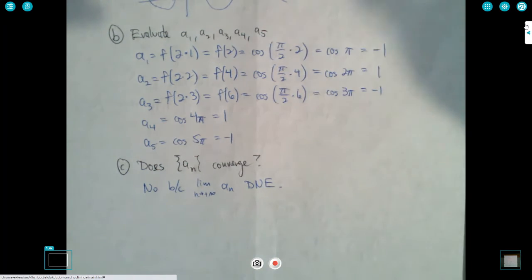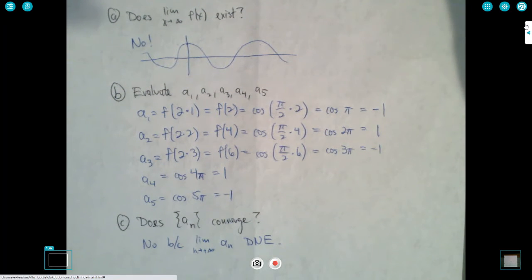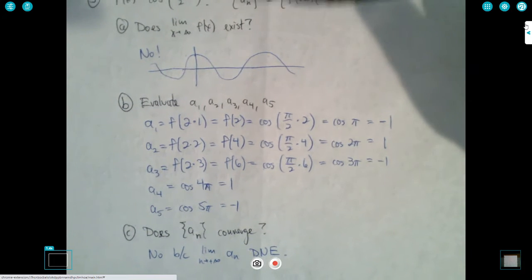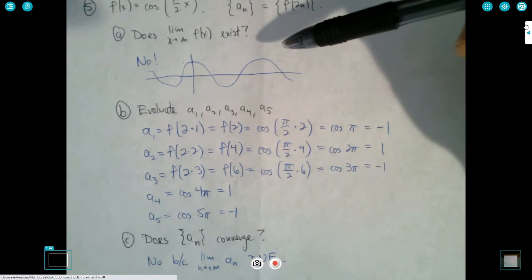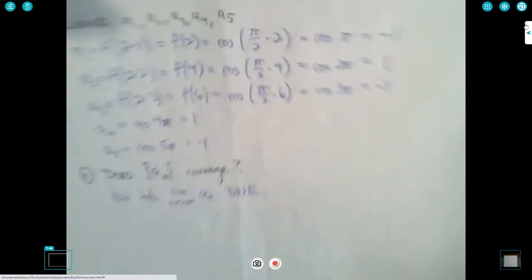This was not as interesting as I thought it was going to be when I first started the problem. What's interesting is that if you did number 6, because number 6 does a similar thing but with b sub n equals f of 2n plus 1, I bet what you get is different. So let's just think about number 6 for a second.